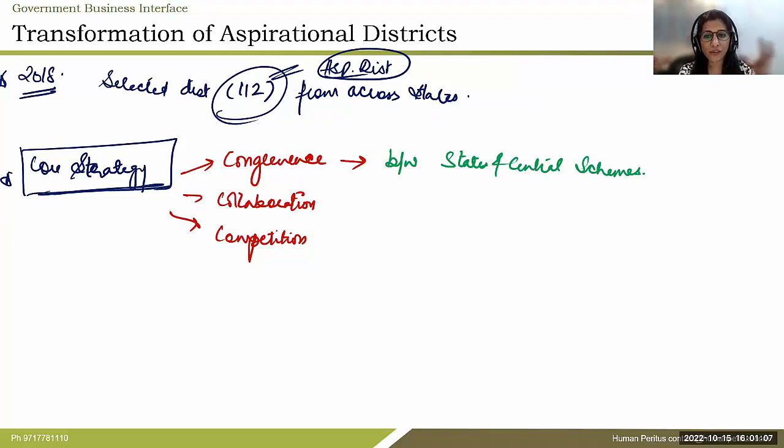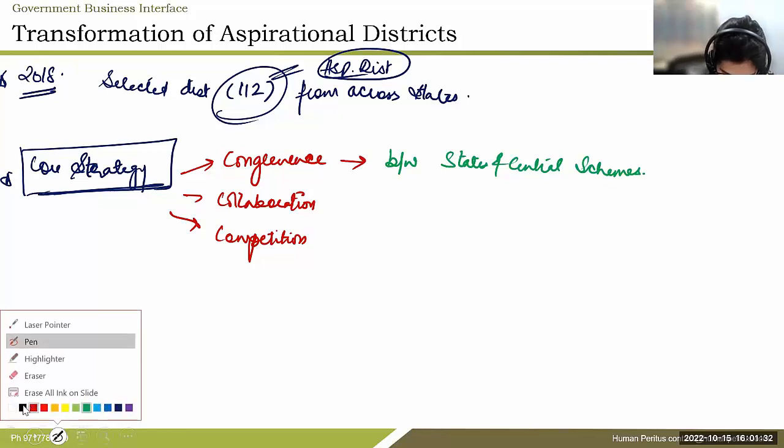So there should be a convergence in both the schemes so that implementation of that scheme becomes easy for the states as well. And also the center would be more able to address the needs of the states if it considers the states' schemes as well. So convergence is there.